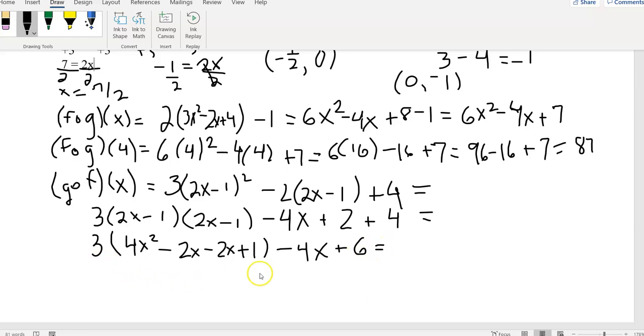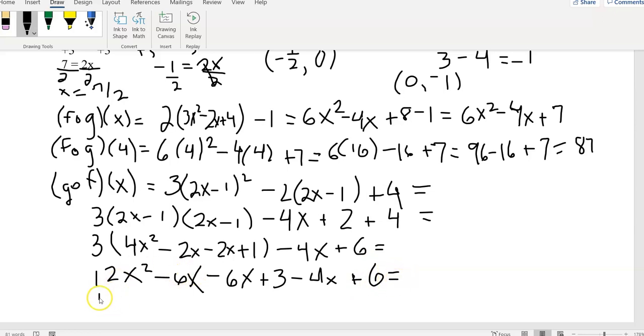All right, now let's distribute the 3. So we'll have 12x squared minus 6x minus 6x plus 3 minus 4x plus 6. Now let's add like terms and we'll be done with this thing.